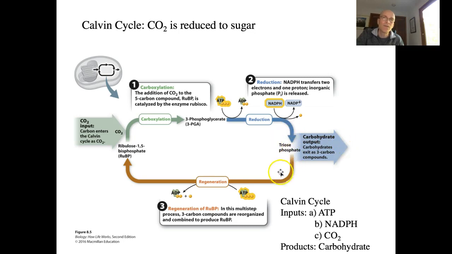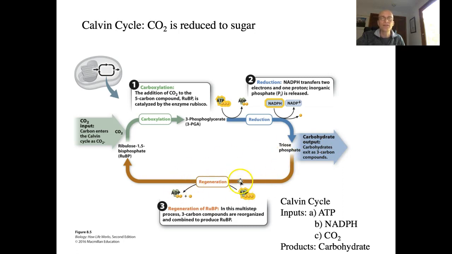Then the other 3 carbon molecules, and multiple ones of those, are needed to regenerate this 5 carbon molecule. And you see that this is where it becomes complicated, right? It's not as easy to say, well, 1 plus 5 is 6, and then 6 divided by 2 is 3, and then 1 goes out and the other one is used for regeneration, because you're missing 2 carbons then, right? So you need a little bit more of this, and a little bit less can go out.